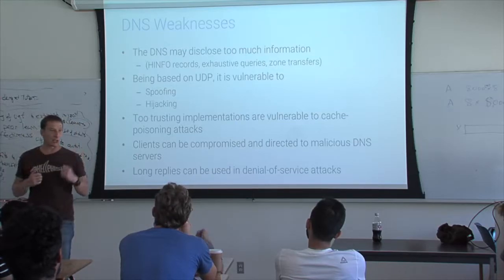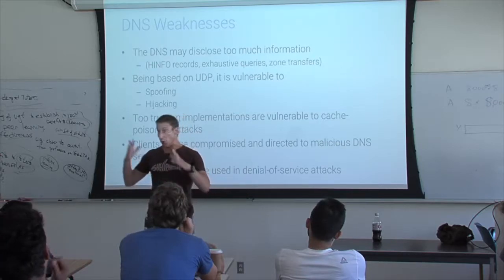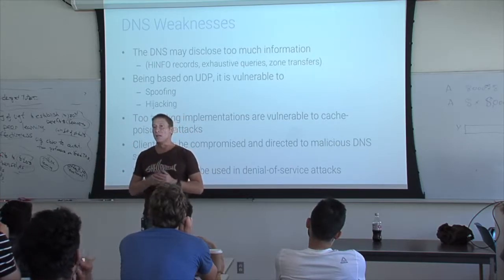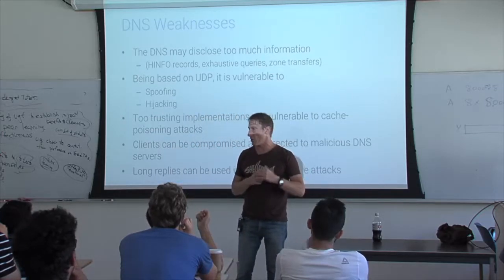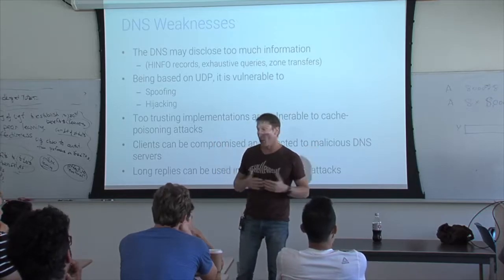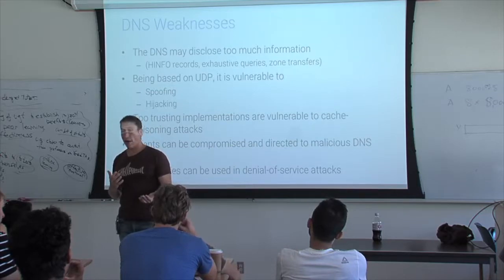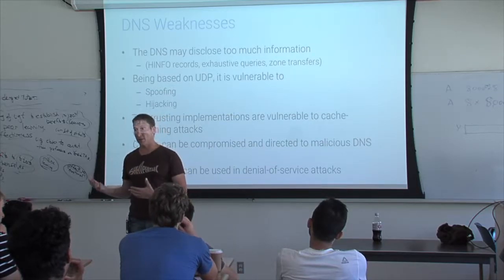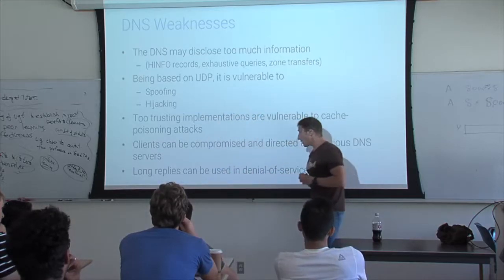Suppose that you go to facebook.com and I send you a different IP address. You connect there. I have a web server that replicates facebook.com perfectly. You put in your credentials because you don't notice that it's not HTTPS, it's just HTTP, but statistically people will not notice. They give you their username and password. So spoofing DNS traffic is a great way to create phishing sites. These are all things that you have to keep in mind.